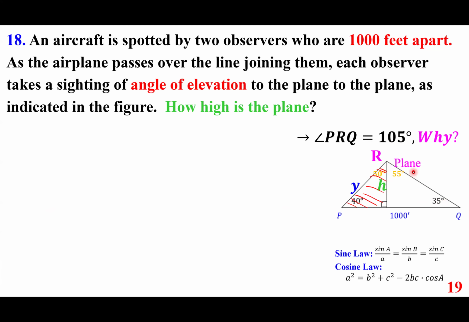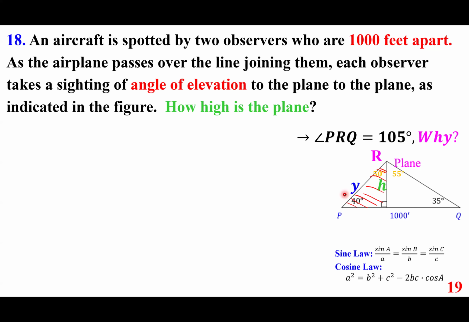So in the large triangle, we can use sine law, sine A over A, sine B over B, sine C over C. In this case, this is sine of 105 over 1000. And this is sine of 35 over y, because first we're going to find y, and when we are done in this shaded triangle, I can find h.